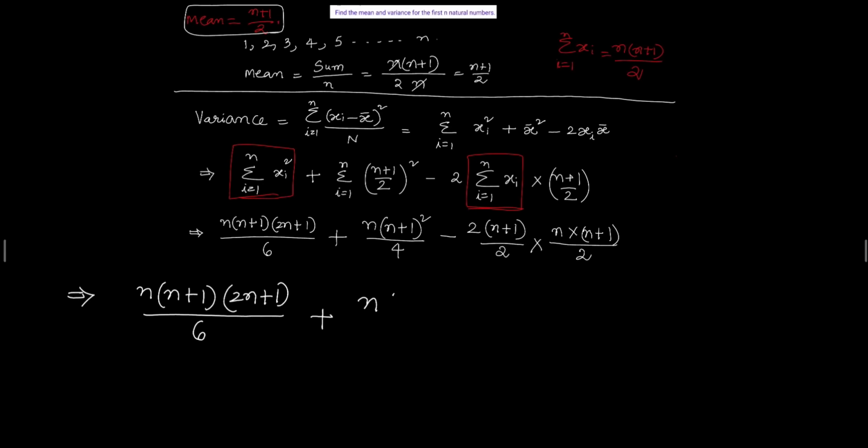So when I simplify that, I can have here minus, and I can say that that is minus n into n plus 1 whole square divided by 4.